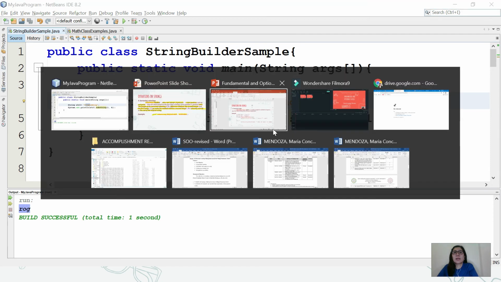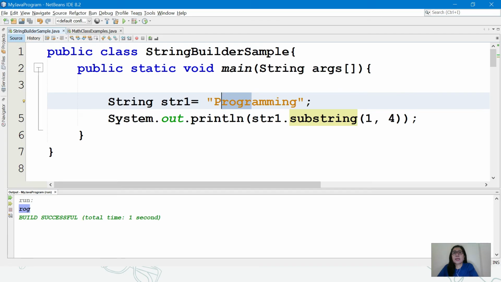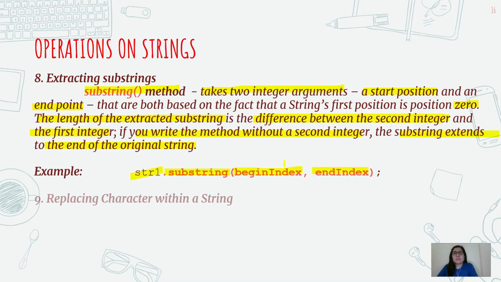Kung babalikan nyo yung definition or description, the length of the extracted substring is the difference between the second integer and the first integer. So, ibig sabihin, 4 minus 1 is 3. Kaya, ang i-display lang niya is 0, 1, 2, 3. So, log lang. Mag-start siya kung saan yung nilagay na index at mag-end siya minus doon sa start or begin index.